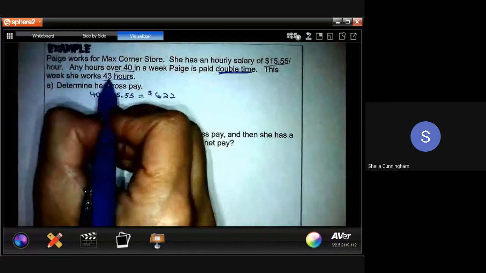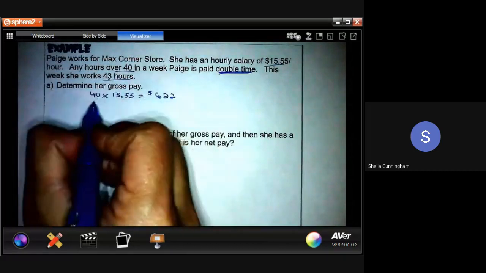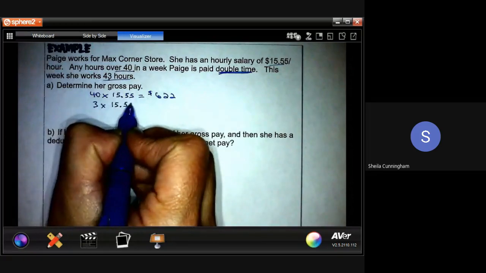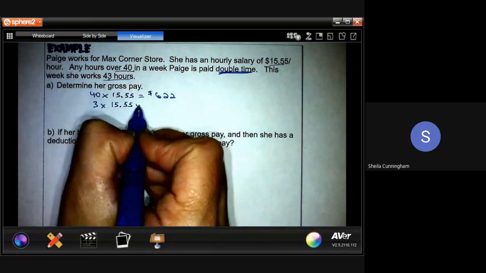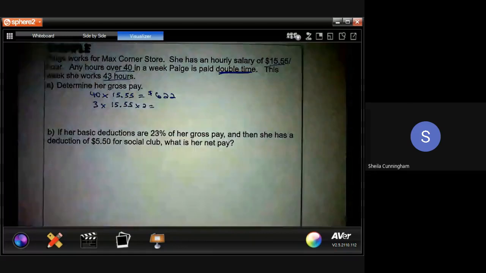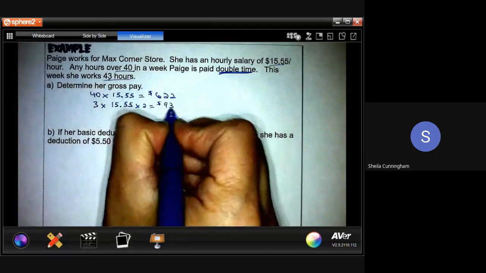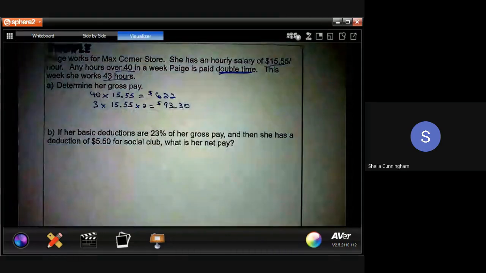Now, she worked 3 extra hours at double time, meaning she's going to take 3 hours times the $15.55 times the 2, and she is making $93.30 just for those 3 hours of work.